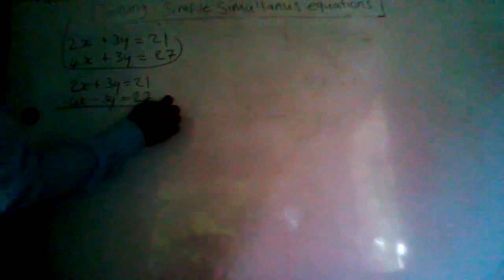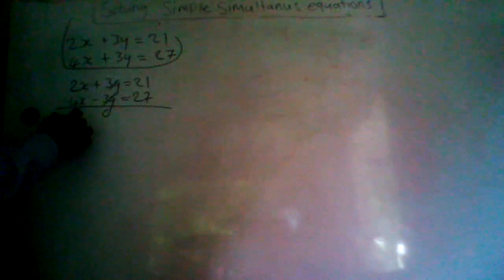So what I will do now is I'll go ahead and add the equations together. So this is already 0, so I can eliminate that. And we'll have now 2x minus 4x, that will be equal to -2x.